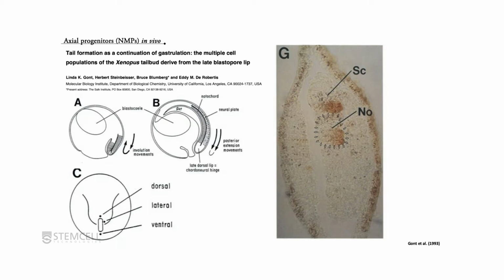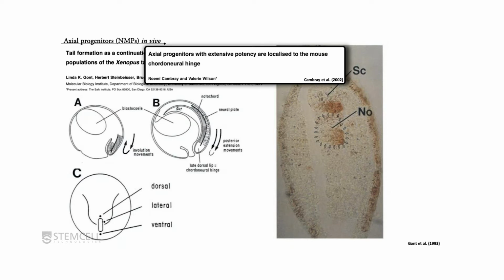Gaunt made this discovery by marking the cells of the blastopore lip using dye and subsequently showing that they contributed to the spinal cord and notochord. And this transverse section from the paper that I have on the right-hand side shows photo-oxidized dye in both of these tissues. Nine years later, Naomi Cambray and Valerie Wilson then confirmed that an equivalent population actually exists in the mouse embryo.